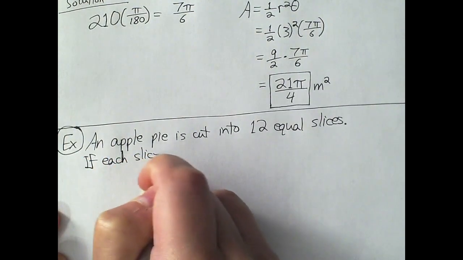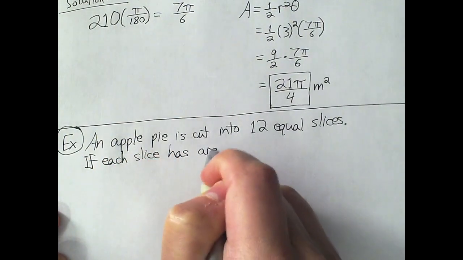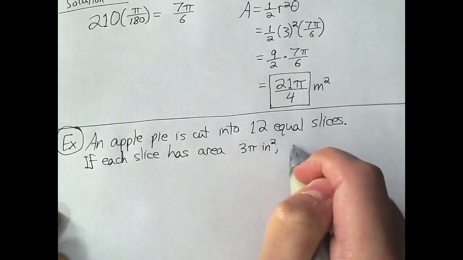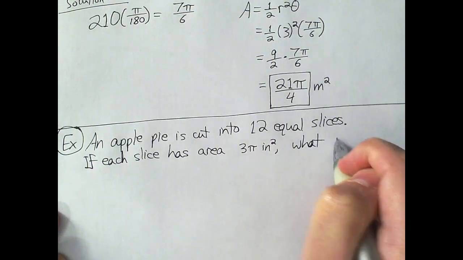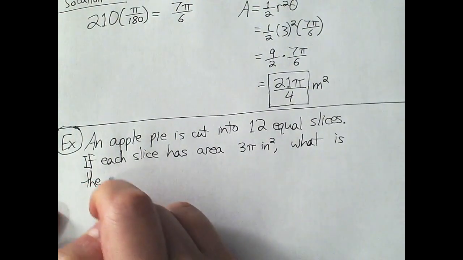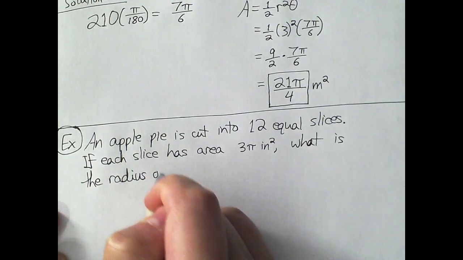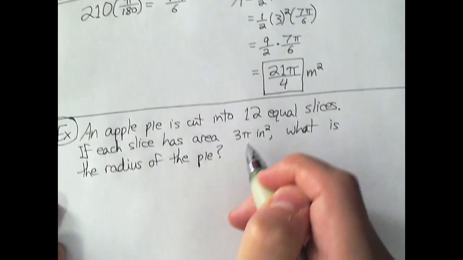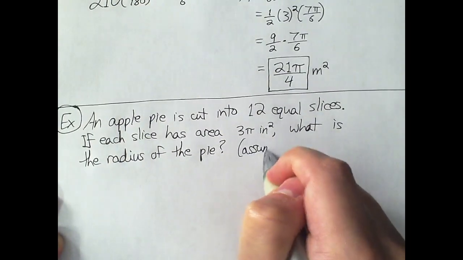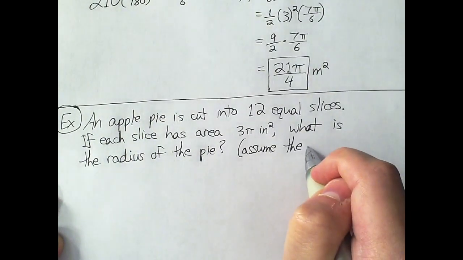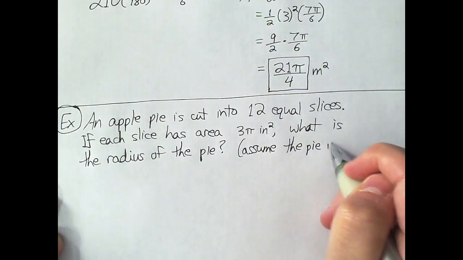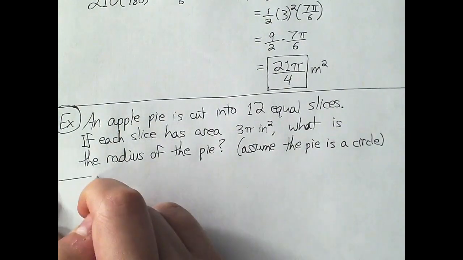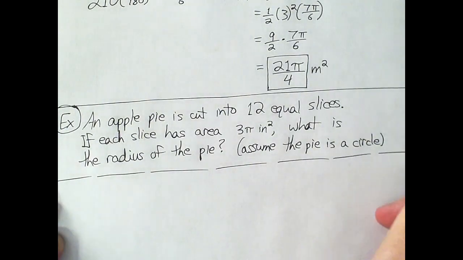If each slice has area 3 pi inches squared, what is the radius of the pie? And before you try this, I'm just going to say, because in math we like to be very clear about things, assume the pie is a circle. All right, so go ahead and give this a try and pause the video and see what you can come up with.